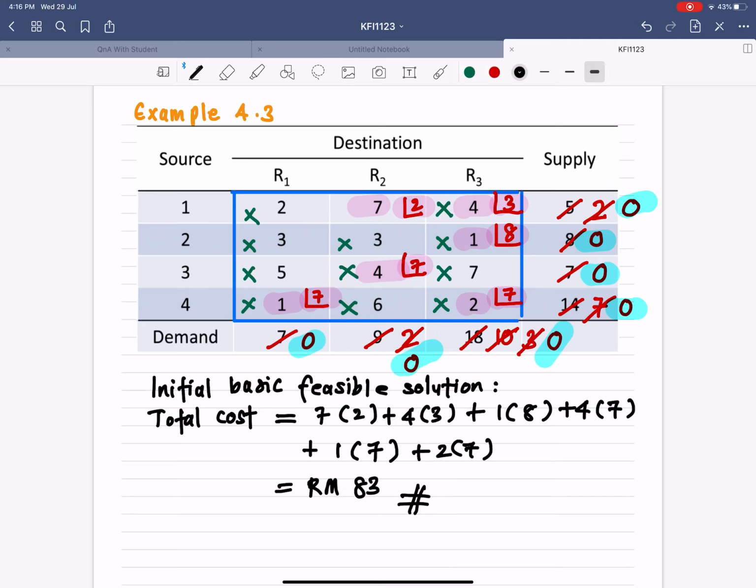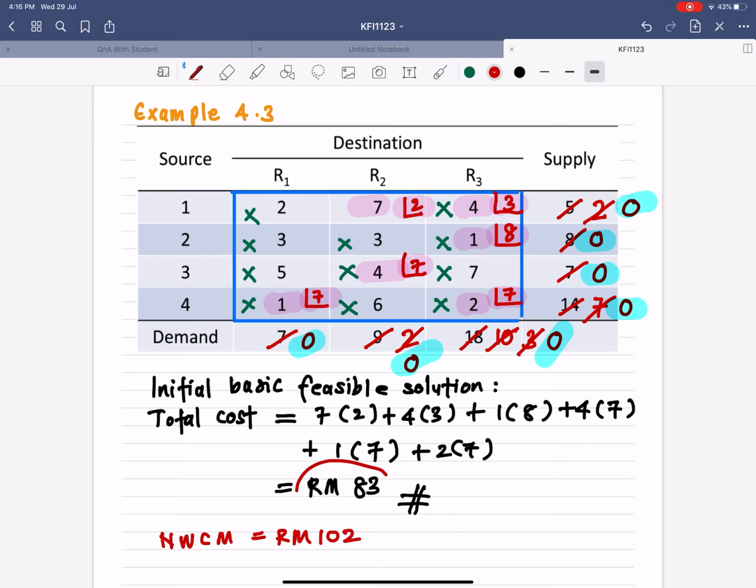Note that when we solved example 4.1 using the northwest corner method, the answer was RM102.